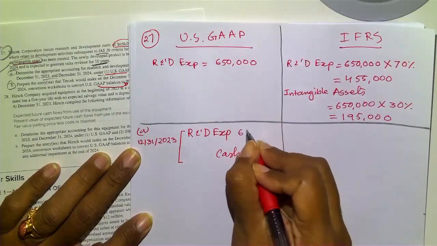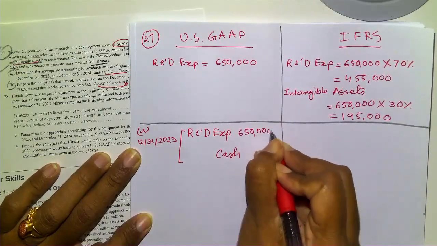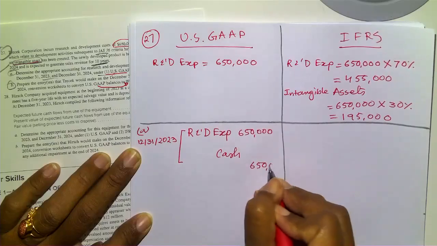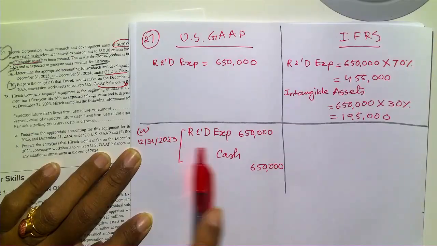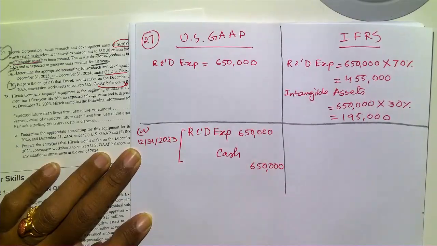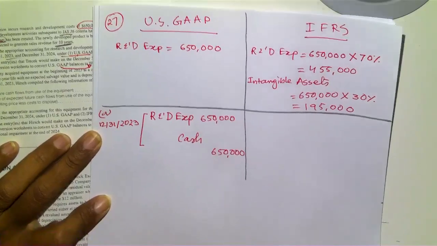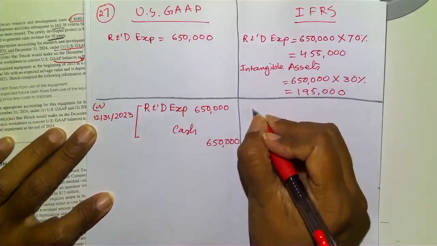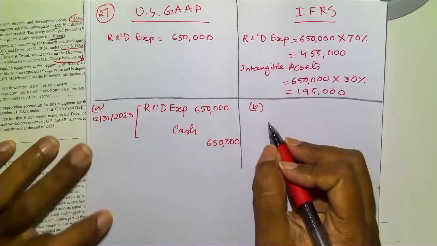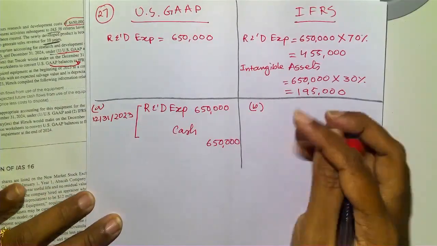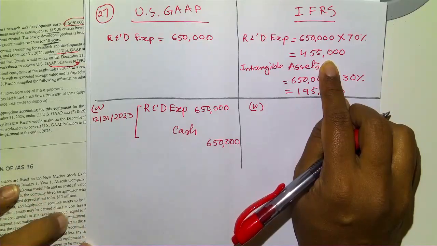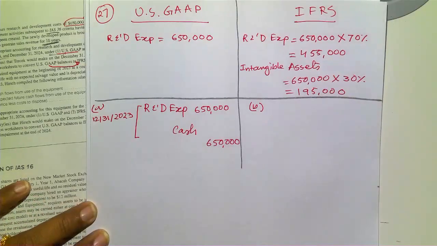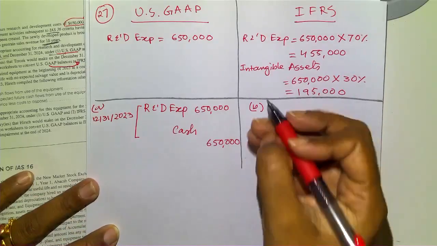So their entire amount will be recorded as an expense, right, Mike H.? The entire amount immediately. R&D expense 650, cash 650. On the other hand, what will IFRS do? IFRS will never miss that chance. They will show R&D expense only for 455K, and the rest they will put on their balance sheet, either intangible assets or deferred development cost or something like this.